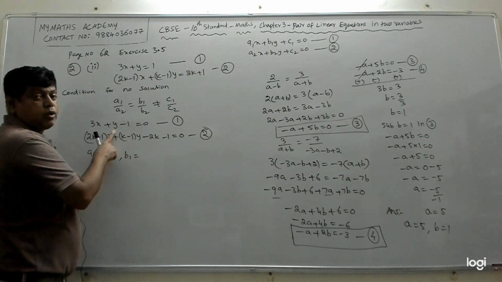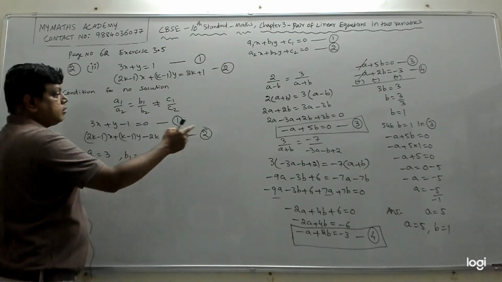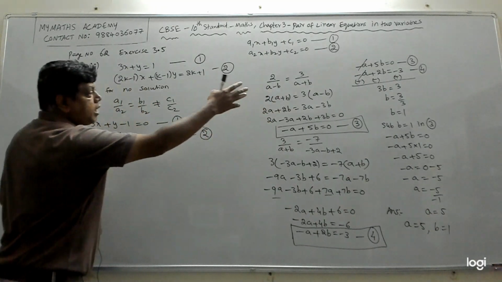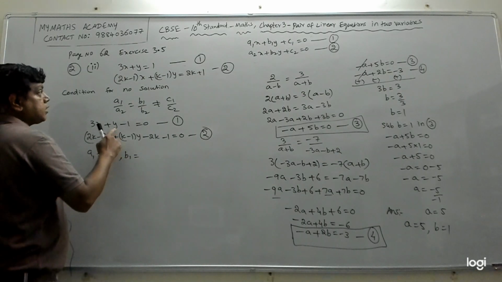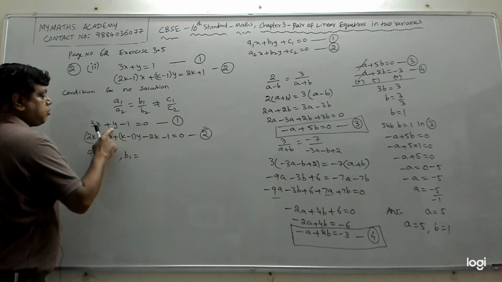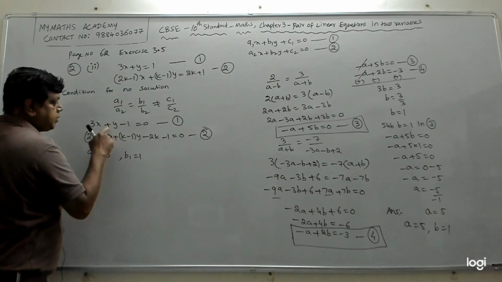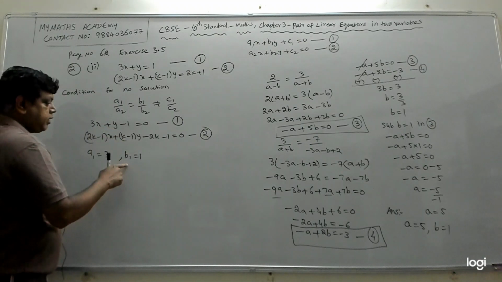You cannot put x and y here; it should be only numbers. So what is your b1? b1 is the coefficient of y. The coefficient of y is 1, because it is plus 1y. So b1 is 1.